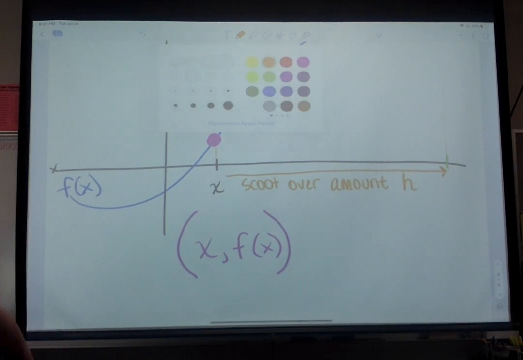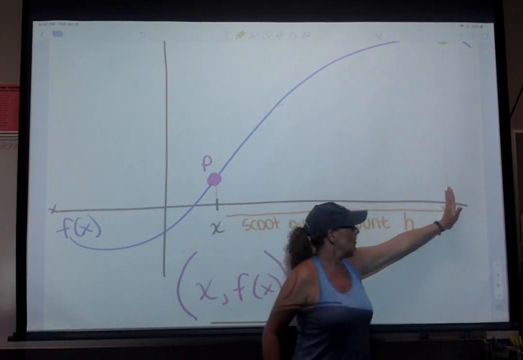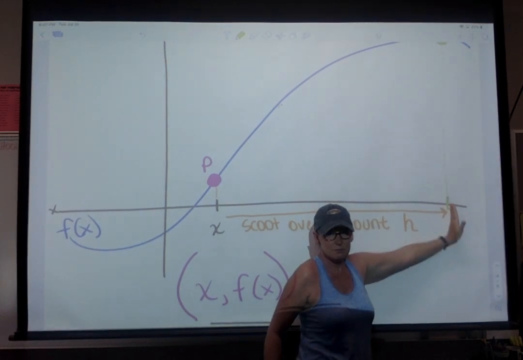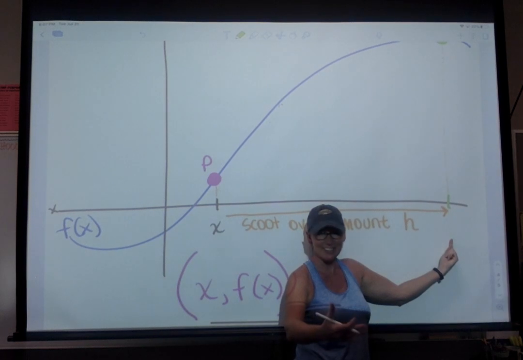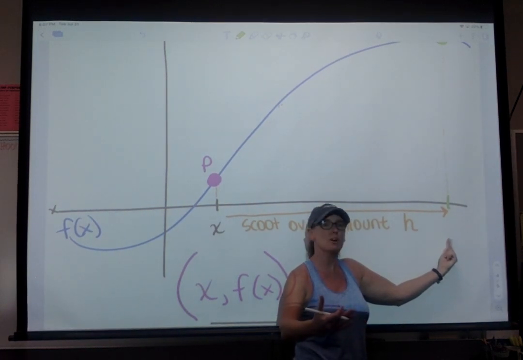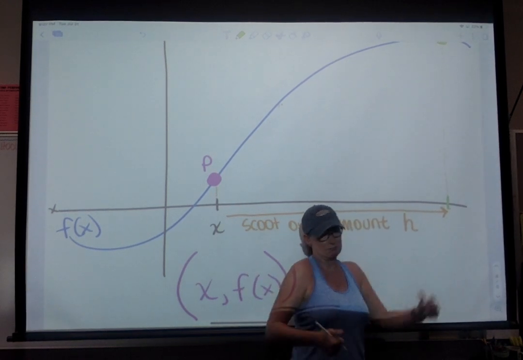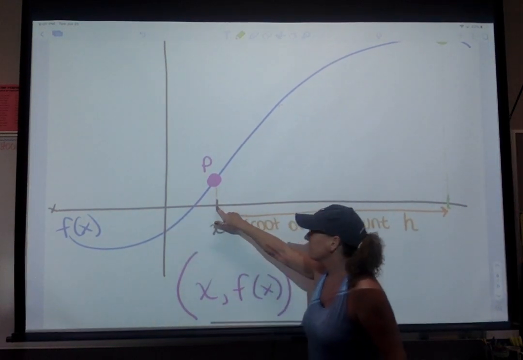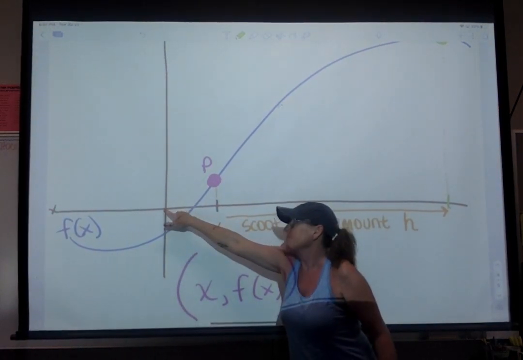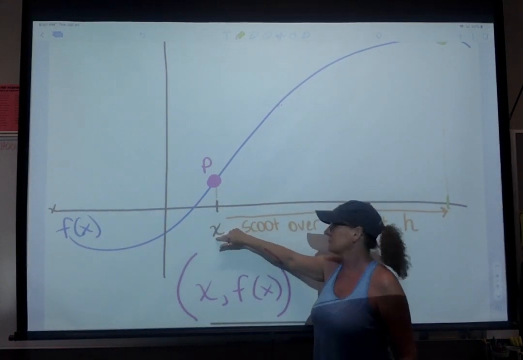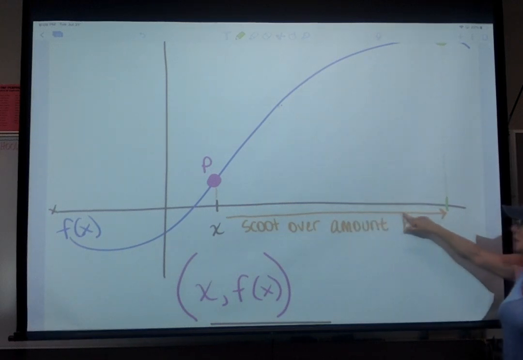Ready? What's this? What do I put down here? Don't tell me like 10 or 15 or anything like that. Well, how far over am I from the origin? That far? No. That's just X. We scooted over. So we went this far plus more.